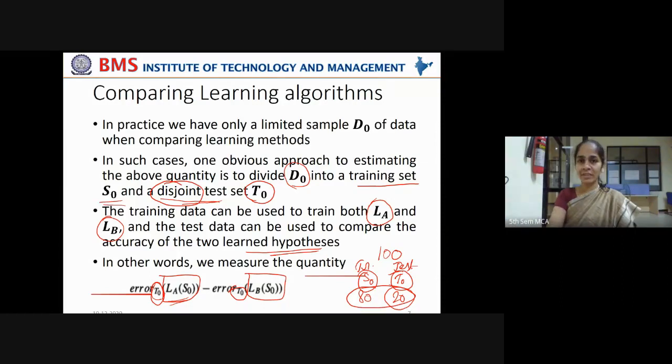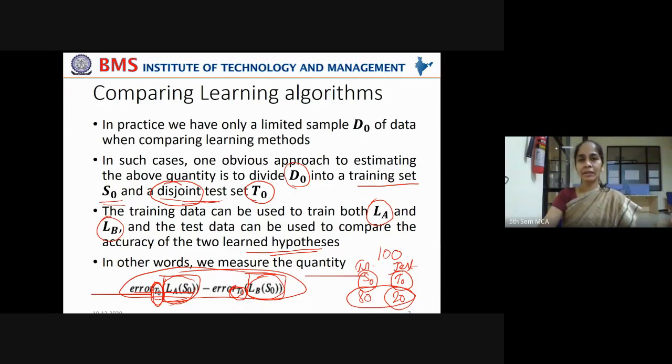Or if I know the test set error is 10%, the test set accuracy is 90%, right? In that way, when the two algorithms LA and LB are trained on the training set S naught, what is the difference between their errors with respect to the test set T naught? That is what we mean by this representation. I hope I'm very clear now, right?